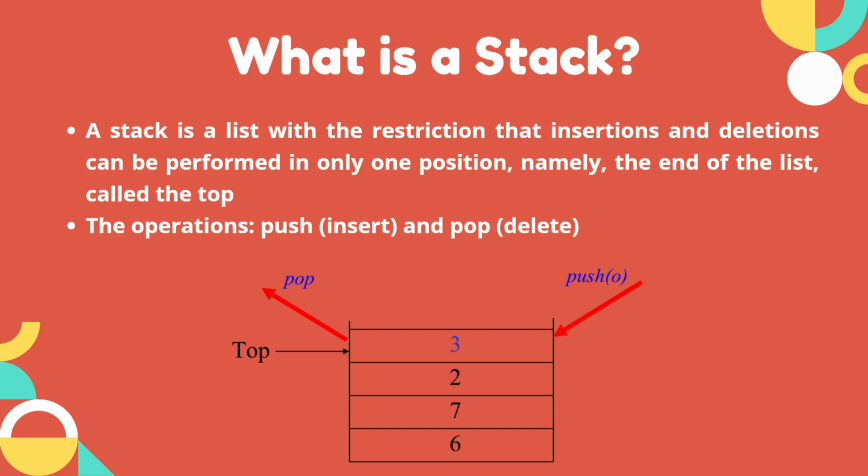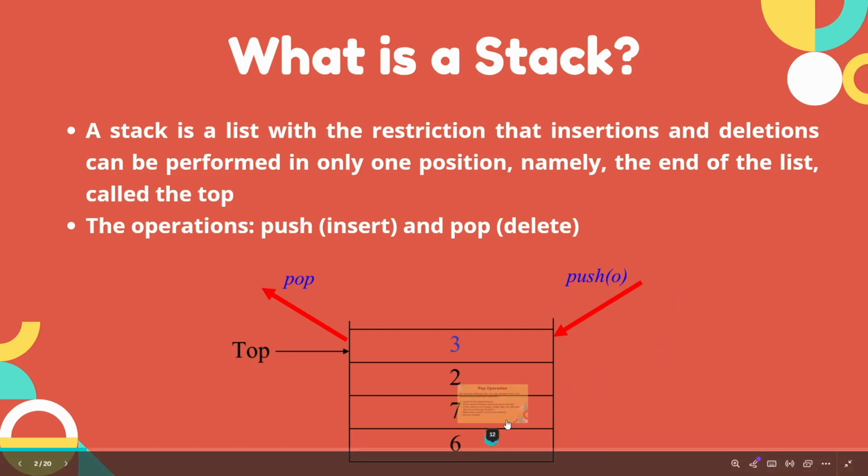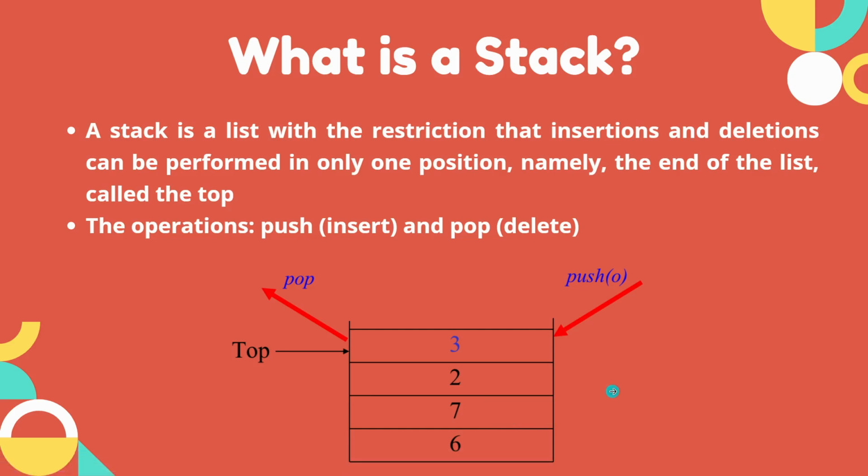And here you could see an image where we have a stack with 4 elements, and all the elements are stacked one above the other. What you can understand from this example is that 6 is the element that entered first into the stack, so it is placed at the bottommost position, followed by 7, 2 and 3.